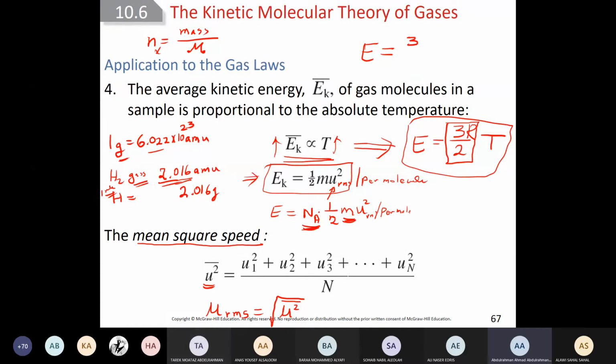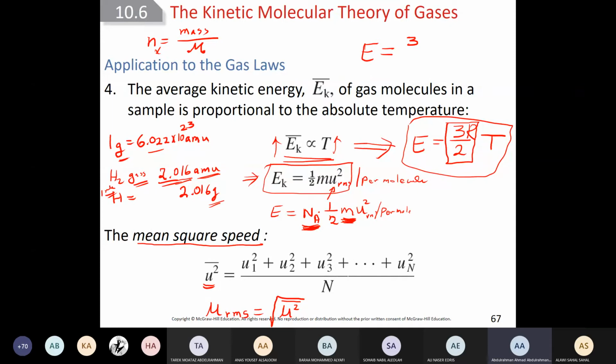Okay, is that clear? Good. Now, if I have 1 mole of the gas, what will be the mass? Same number, but in gram. What did I do? I multiply this AMU by Avogadro's number and change it to gram. So if I multiply the mass for 1 molecule by Avogadro's number, then it will be changed to gram.